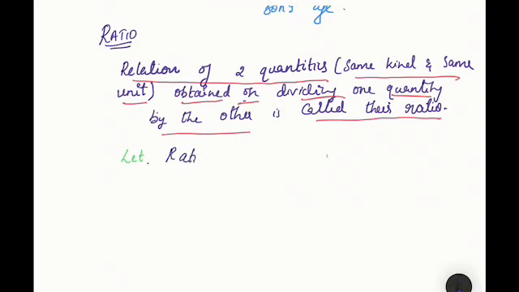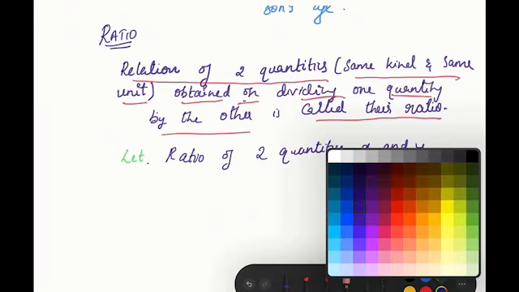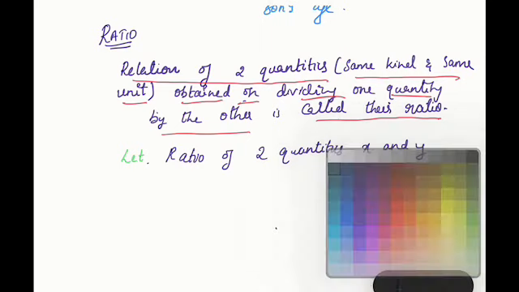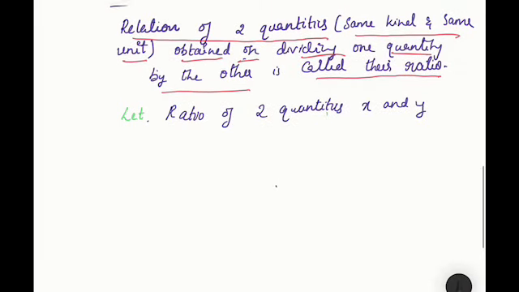The ratio of two quantities x and y. Okay, let us take two quantities as x and y, both of same kind and both same unit. If it's of same unit only, you can compare it, you can take it as a ratio.